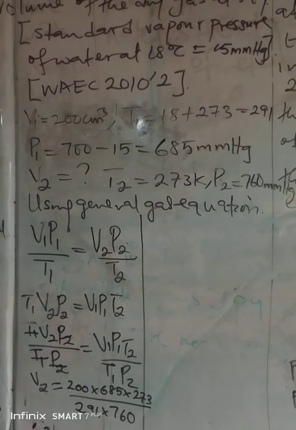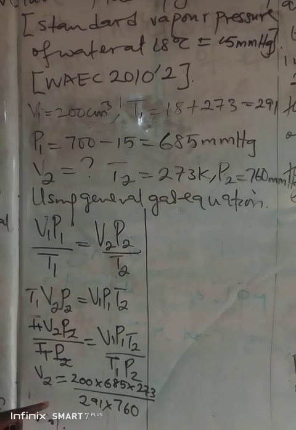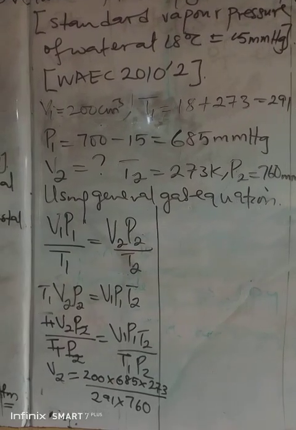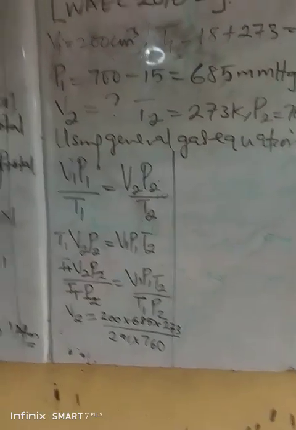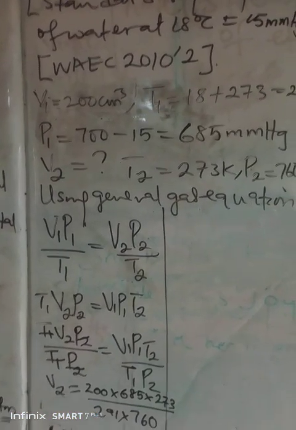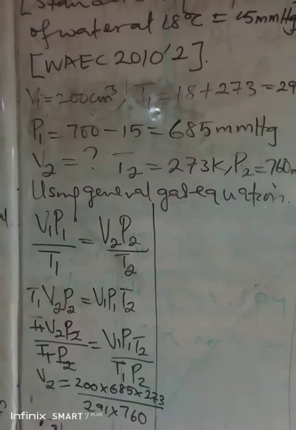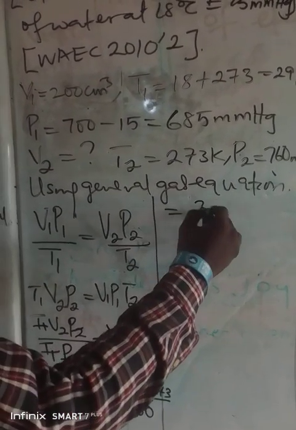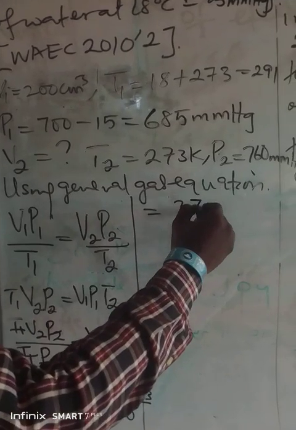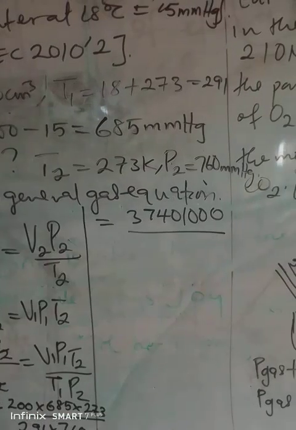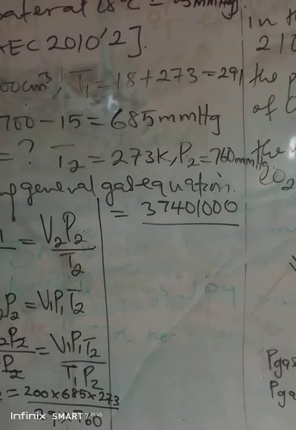Multiply all these three: 200 times 685 times 273. Three zeros, Abi? Over here, 291 times 760.